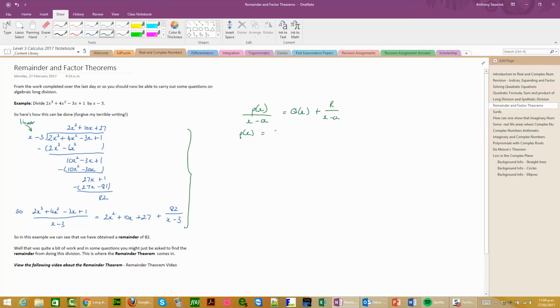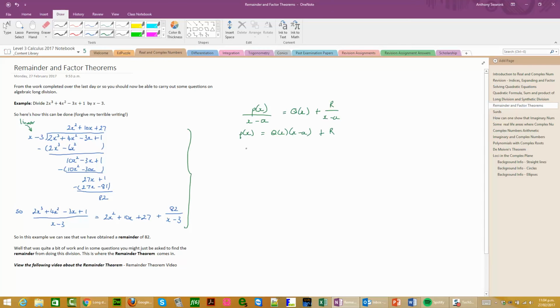The q(x) would get multiplied by x minus a, so we write q(x) times (x minus a). And this fraction at the back, if we multiply that by x minus a, the x minus a's would cancel and we would be left with r.